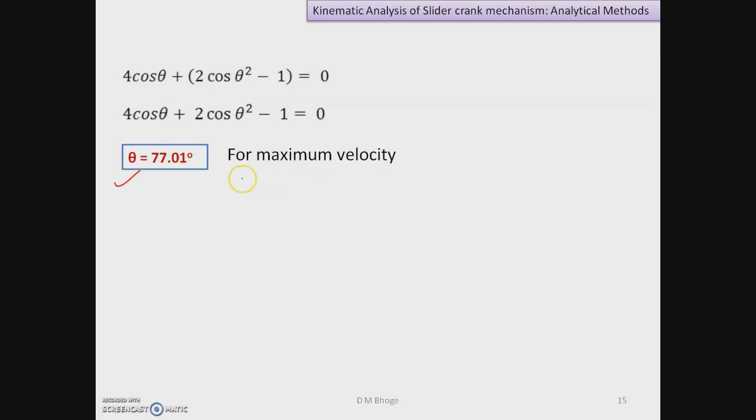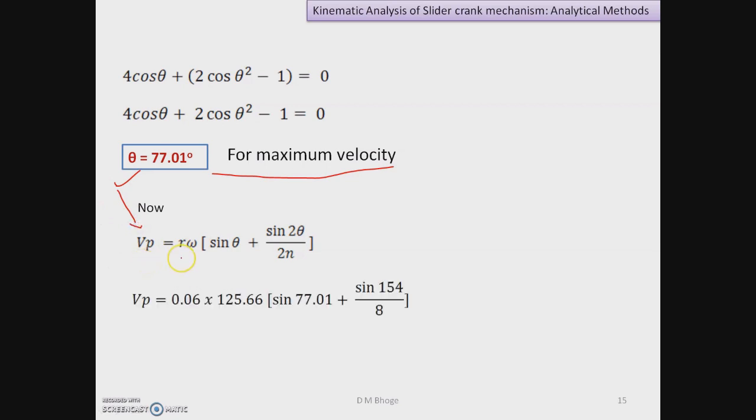Now the velocity of piston corresponding to this position of the crank is V P equals R omega times sin of theta plus sin twice theta upon twice n. We'll substitute theta as 77.01 in this equation, so we get maximum velocity of piston as 7.758 meter per second.